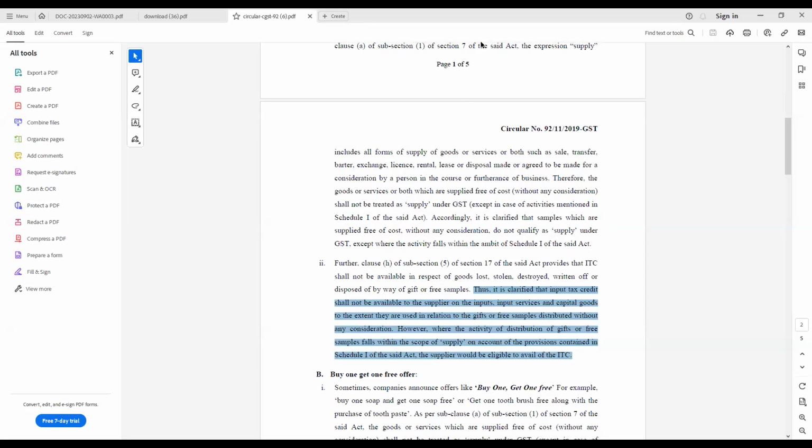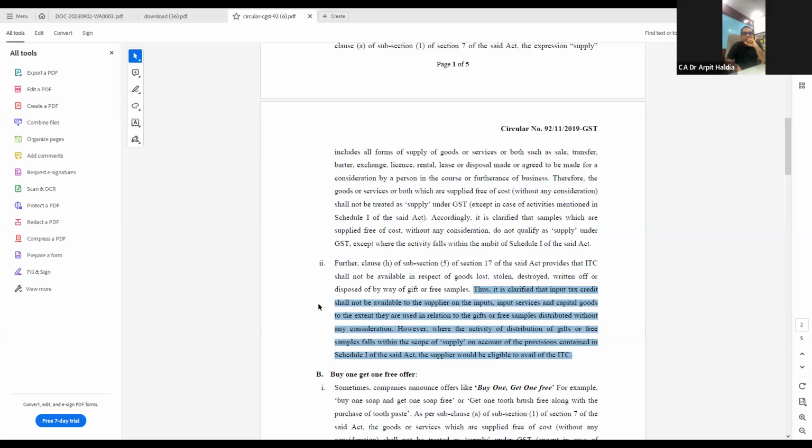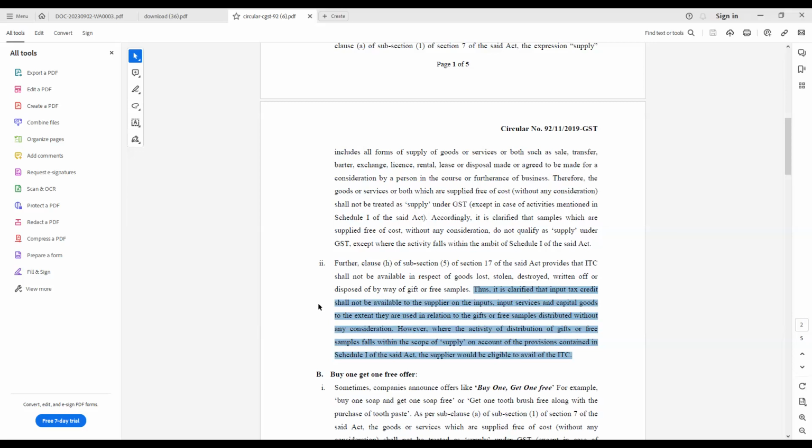So, RPG, there is a need to distinguish between the word goods and permanent transfer or disposal of the business asset. I think we have to dig into this.